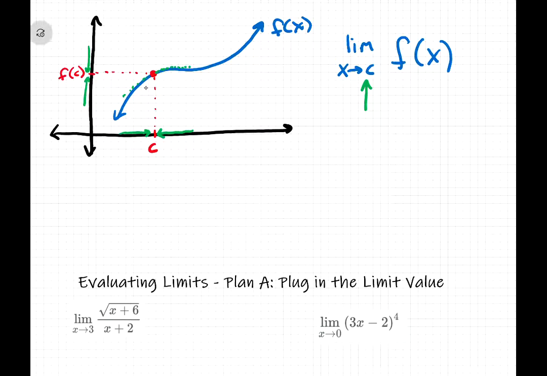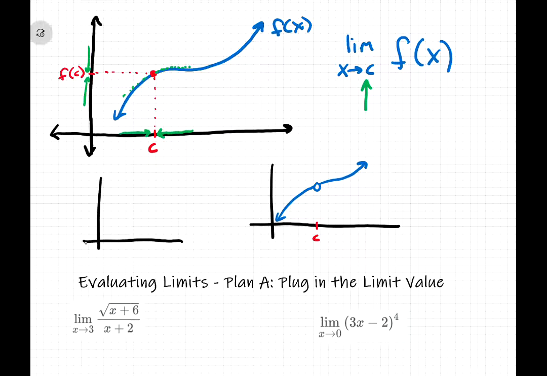Now, this approach fails when we have something like, well, if this is c, and maybe our graph looks like this. There's a hole at c. Or maybe our graph looks like this. There's a jump at c. So these are two types of discontinuities, or places where the function is not continuous.